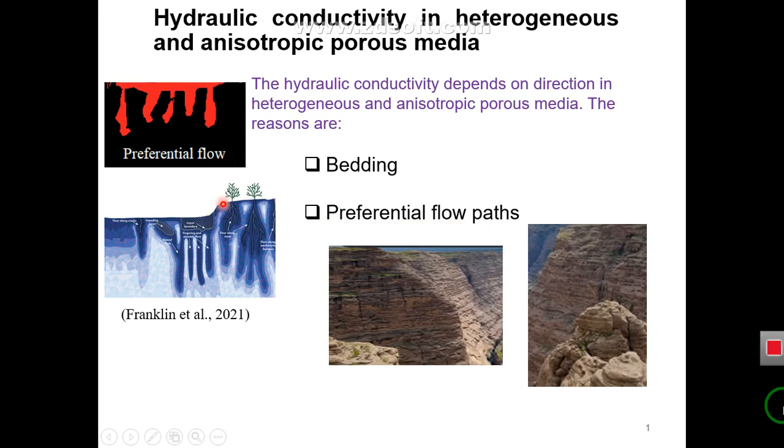As these two figures show, preferential flow means that water and its constituents, such as soluble dyes, tracers, and other chemicals, move by preferred pathways through a porous medium.